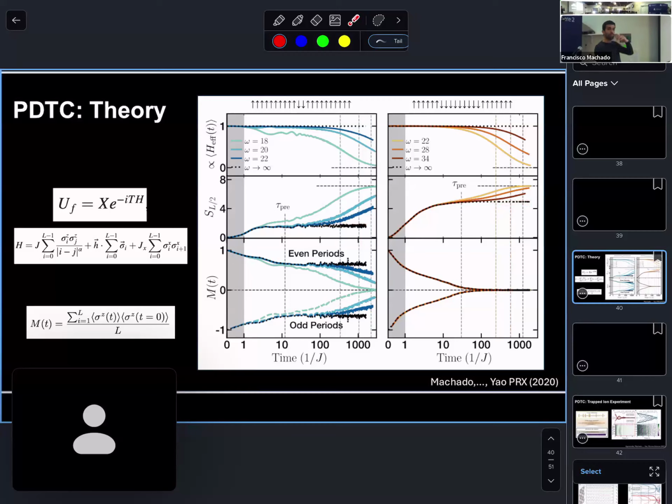The crucial distinction is the bottom plot, right? In the bottom plot, I'm keeping track of effectively an order parameter of this time crystalline order. And I'm differentiating between the dynamics under even periods and under odd periods. On the left, what we see is that the system basically ping-pongs back and forth between even and odd periods, between a positive magnetization and a negative magnetization.